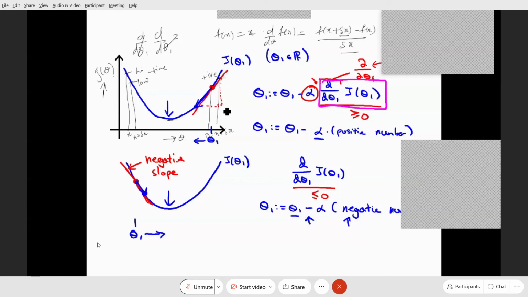So if I find out the derivative of the function, I exactly know whether I am in the increasing side or the decreasing side of the function, or whether the slope is negative or positive.